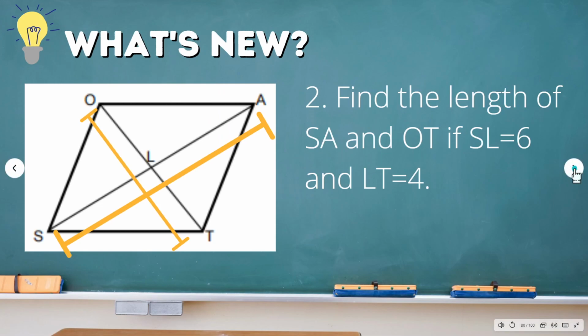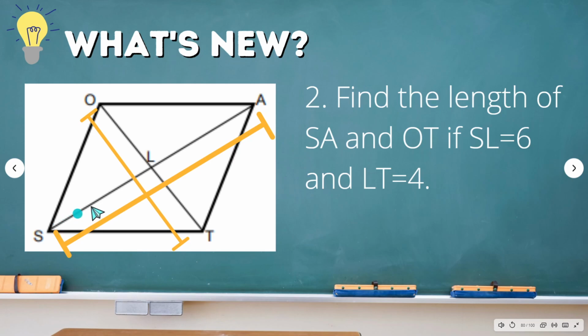Let's have number 2. Find the length of SA and OT if SL equals 6 and LT equals 4. Again, let's see the relationship between SL and LT. We have here SL and we have here LT. So it is located in the diagonal.